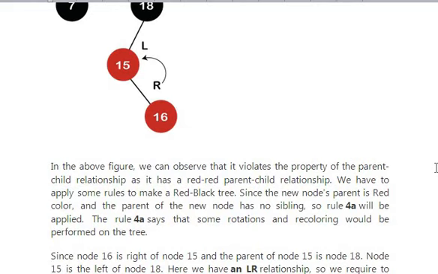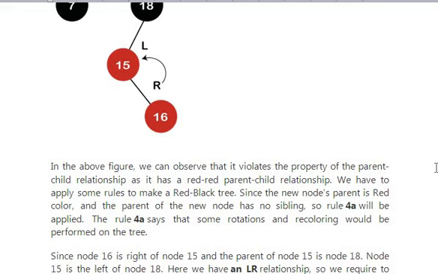Node 16 is right of node 15 and the parent of 15 is 18, and node 15 is the left of node 18. Here we have an LR relationship. You need to observe this clearly. 16 is to the right of 15 and 15 is to the left of 18.